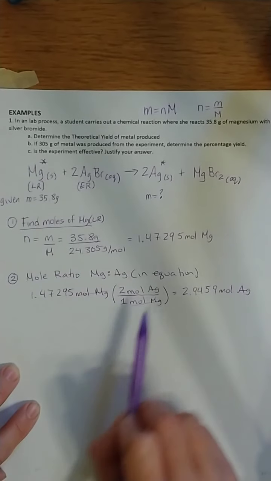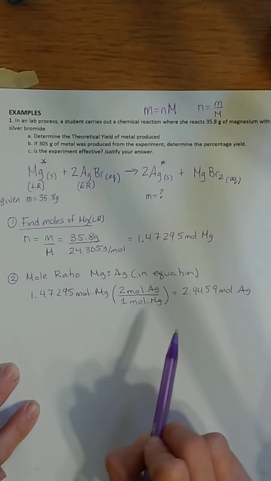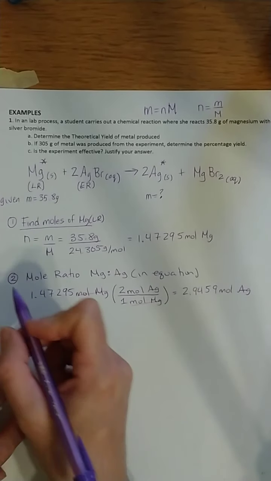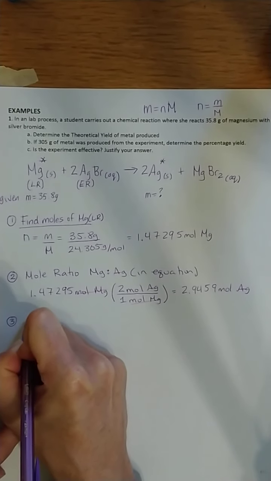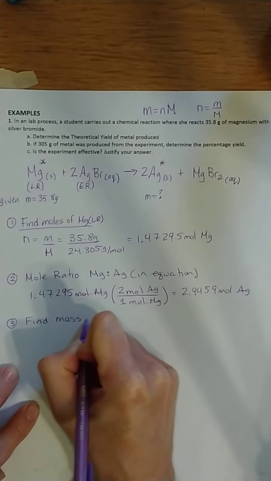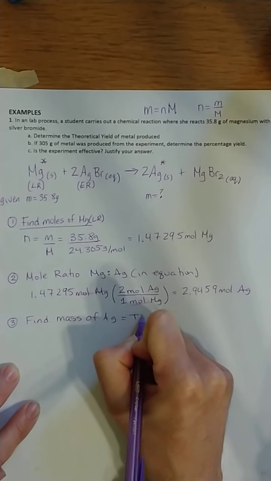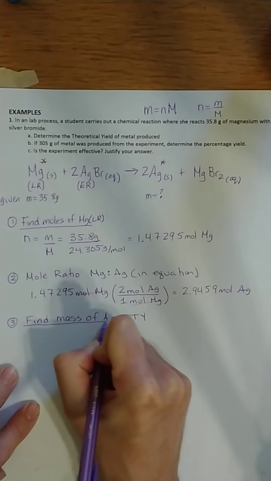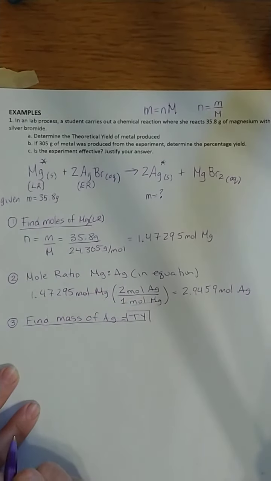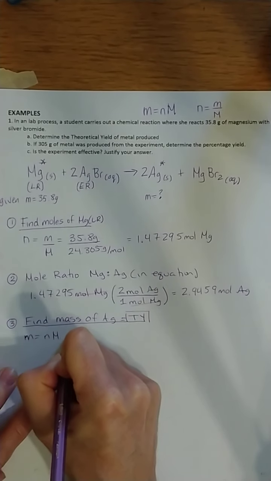So this is still not a final answer because we don't care about the moles of silver. We can't measure out 2.9 moles of silver. So what we're going to do now is find our mass of silver. And this is going to be our theoretical yield. That's what we want right there. So remember your formula: mass is moles times molar mass.